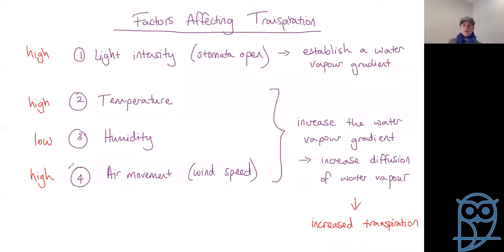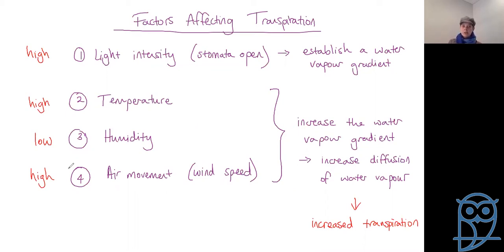So whenever you're looking at a situation, you are always looking, what's my light intensity, what's my temperature, what's my humidity, what's my air movement, and how's that then going to affect my rate of transpiration? And always, when you've got a higher light intensity, more gas exchange, more stomata open, more diffusion, more transpiration.